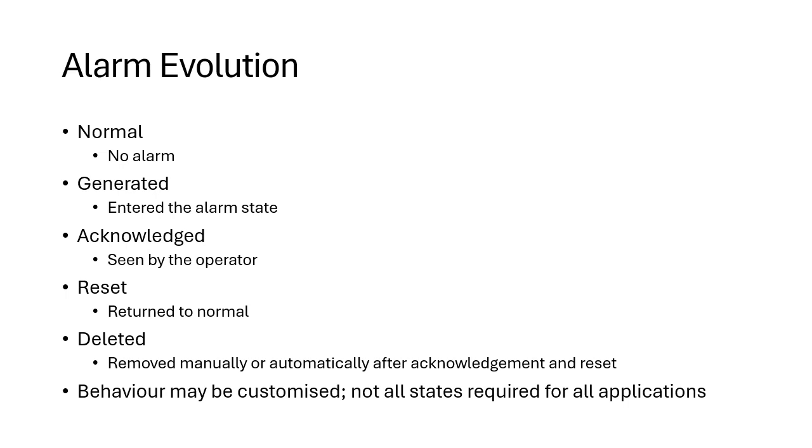In parallel with the user seeing the alarm and acknowledging it, we also get the possibility that the alarm could be reset and returned to normal. This could be after it's been acknowledged and seen by the operator because the operator's taken some action. For example, if our tank is filling, maybe the operator reduces the filling speed and that stops the tank from getting so full.